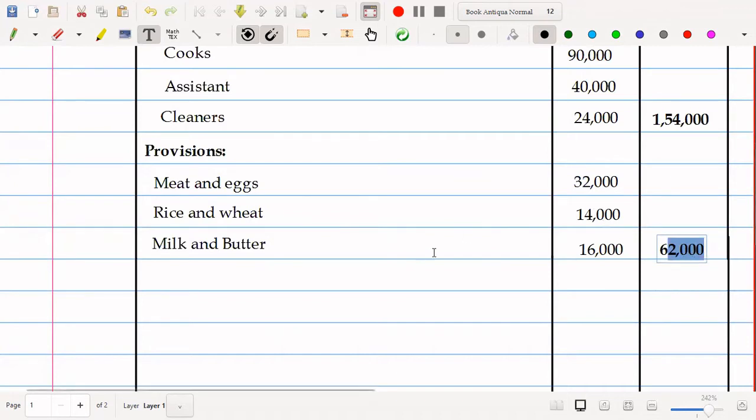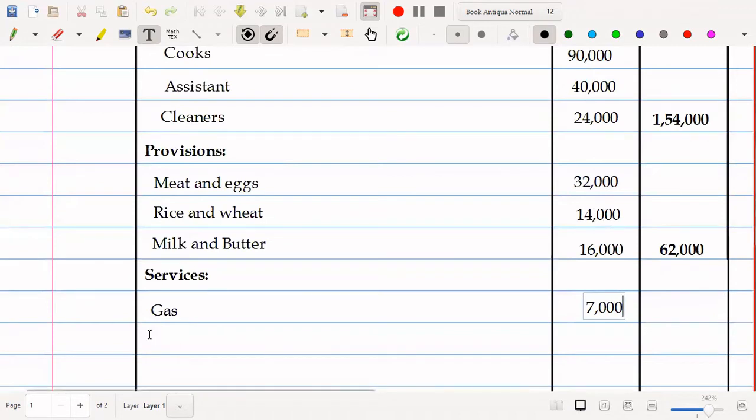Let's make another head, that is services. So under that we have gas cost, given is 7,000.